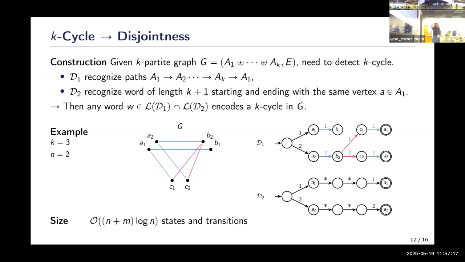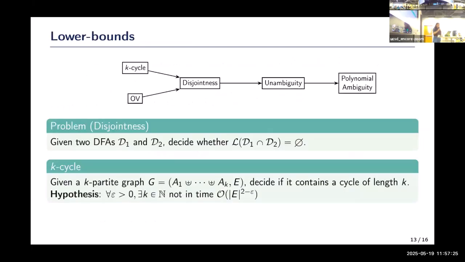So this would incur only a log n blow-up in the number of states and transitions, which is totally fine for this type of reduction, right? All right, and so this shows that, because I don't believe I can solve K cycle in subquadratic time, I cannot solve this disjointness in subquadratic time, which transfers to unambiguity and polynomial ambiguity.